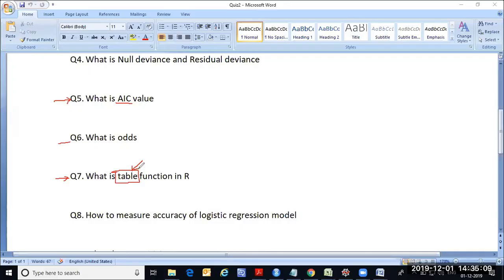To form a table, that is the correct answer, but which table, that's what I want to be precise. But we have a confusion matrix, right? Do we have a confusion matrix in R? The function called confusion matrix in R? We have it in Python.